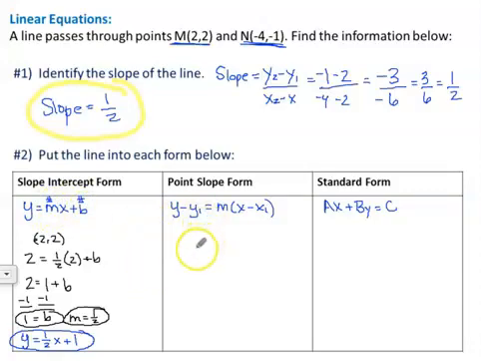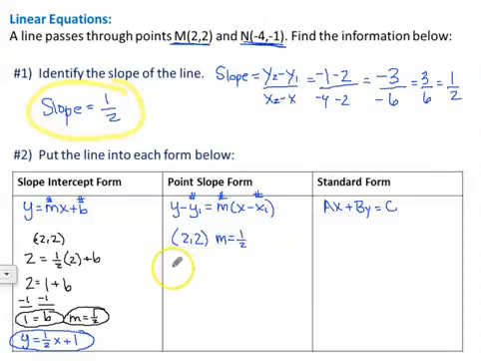Point-slope form. This one I think is kind of easier to do. We're only going to substitute numbers in for y1, m, and x1. So let's choose one of our points. Let's go ahead and use that point, 2, 2, again. We know our slope is equal to 1/2.